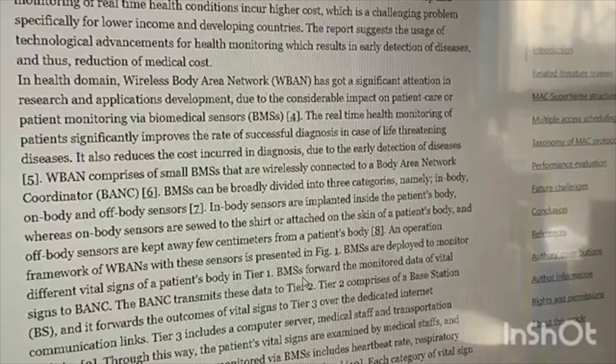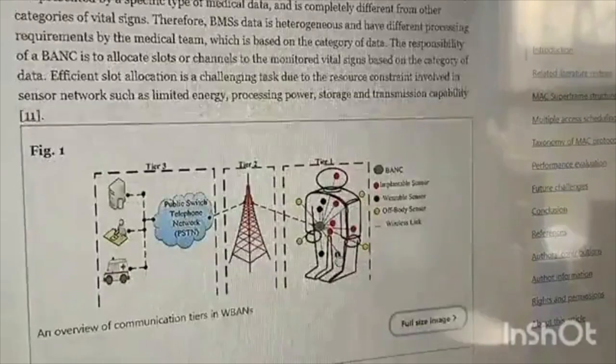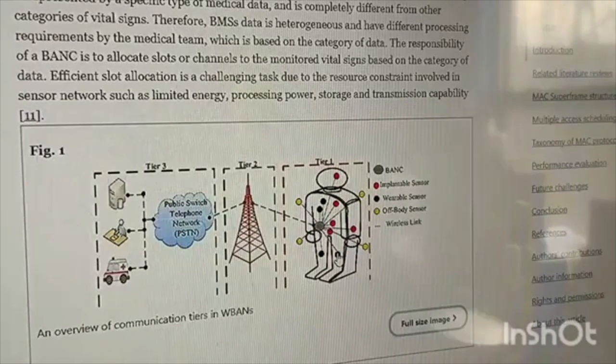Biomedical sensors are deployed to monitor different vital signs of a patient's body in Tier 1. Tier 1, intra-body network, under the skin. So that we can take the biological signals, make them digital, and bootstrap them out, the phone, the wireless, whatever, through the internet to whoever it is. And who do we always see?